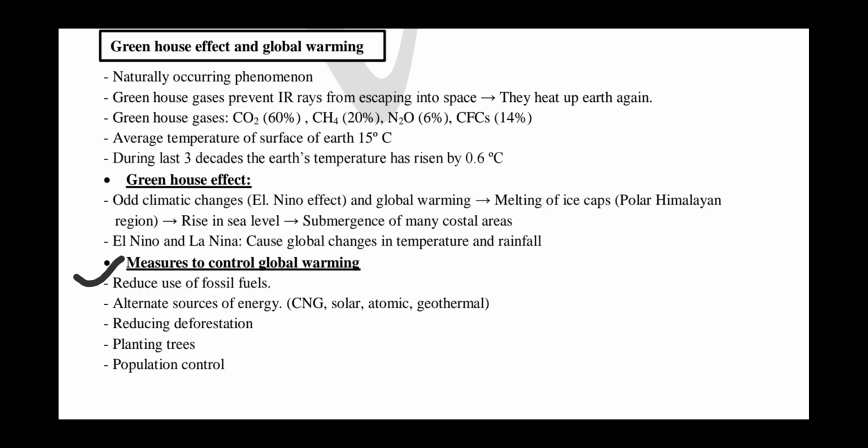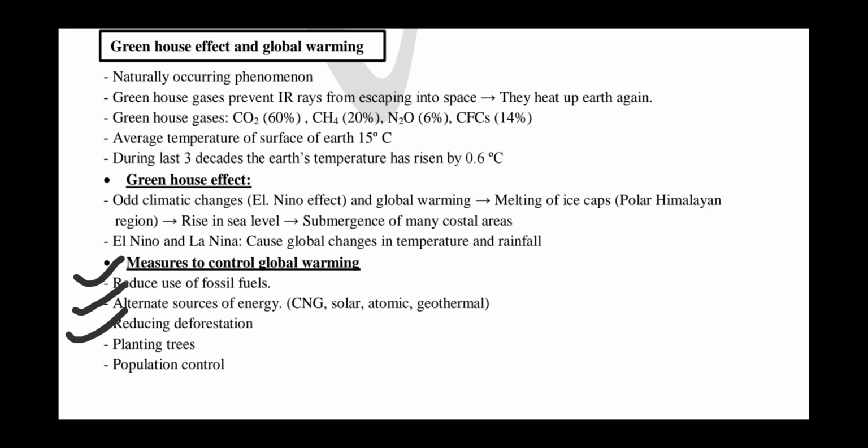Second, alternate sources of energy, as we have discussed in air pollution. To replace petrol and diesel, switch to CNG, solar, atomic, geothermal. Reduce deforestation and start reforestation or afforestation, but not deforestation.